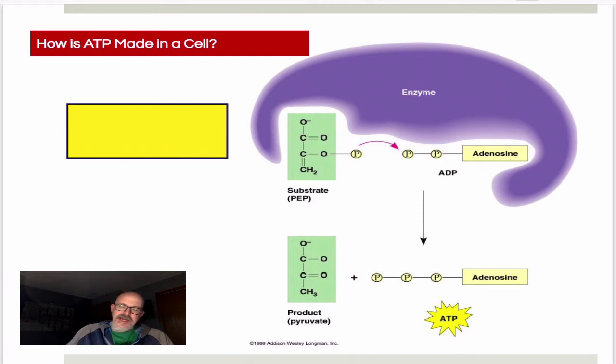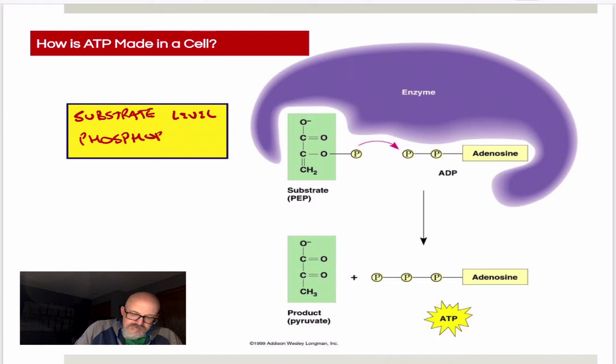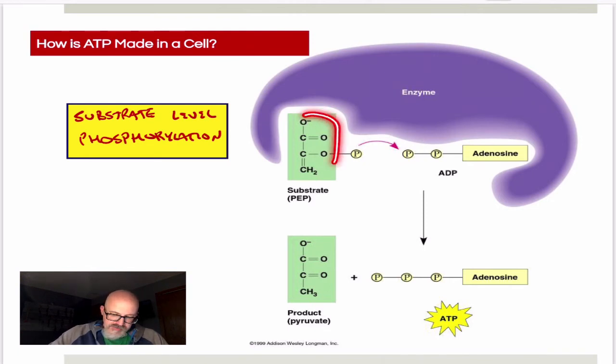All right? And there are a couple ways. One way is called substrate level phosphorylation. Right? And this is sort of the simplest version. If you look at what we have here, we have the substrate, which has this extra phosphate group on it.